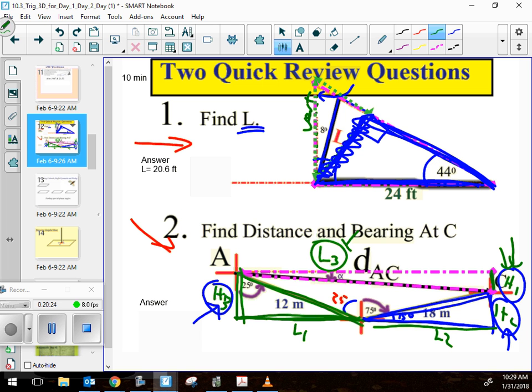Because then I can figure out this angle right here, this little angle of the right triangle, by using tangent, opposite over adjacent. So it would be inverse tan of the H1 over the H3. And that would tell you this little angle. Now I got a side and an angle, and I can figure out anything in the pink triangle, which of course means I can find the distance and the bearing at C.